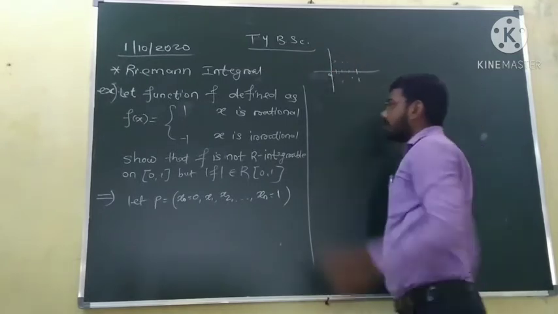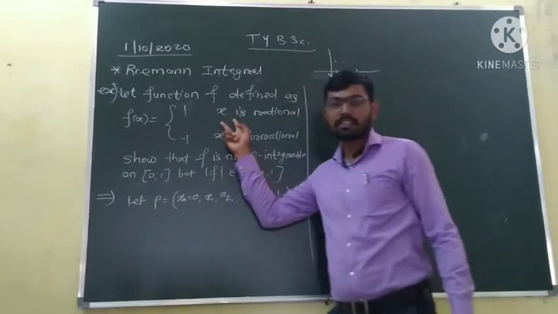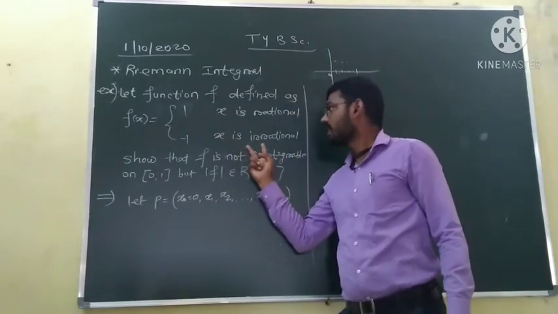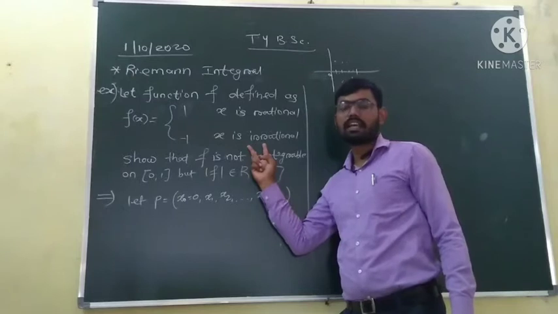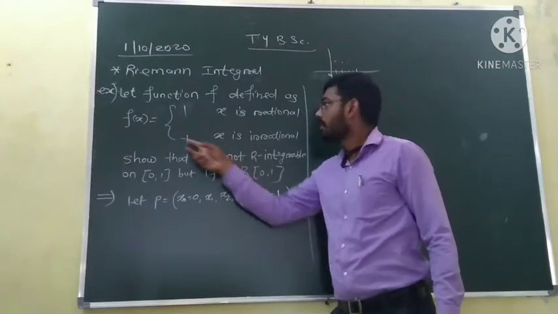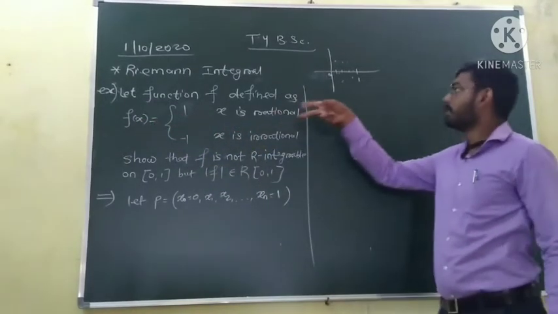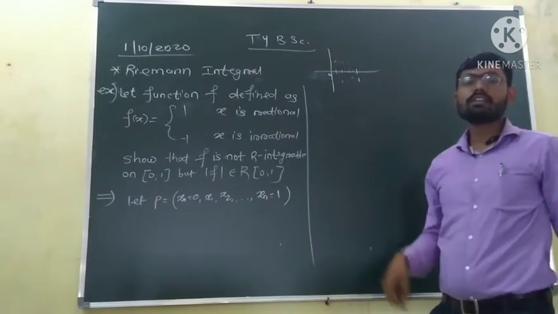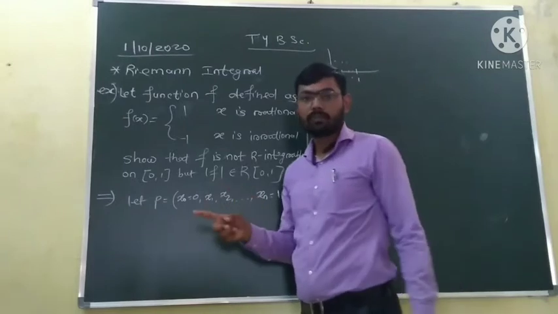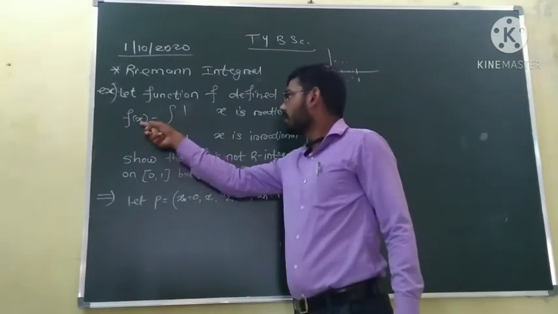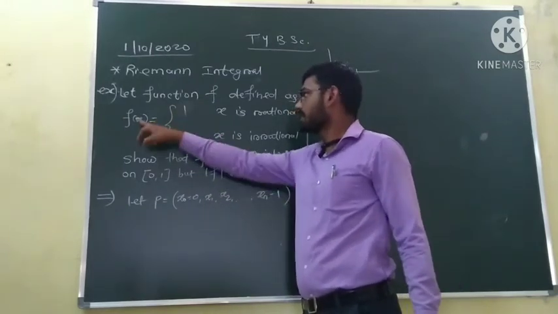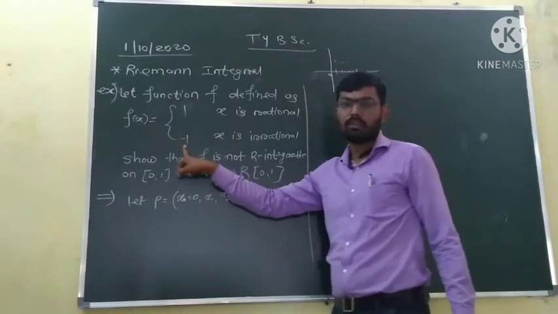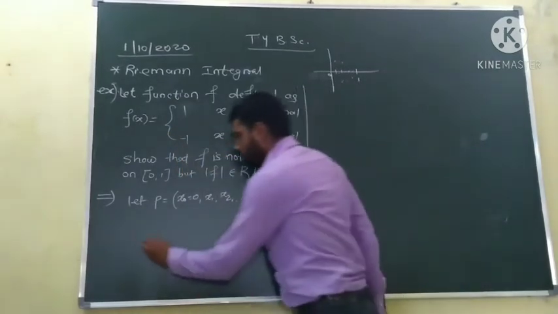And since there are infinitely many irrationals and rationals in the interval, the function varies between 1 and minus 1, 1 and minus 1 and so on. So in each subinterval the function takes value 1 and also takes value minus 1.